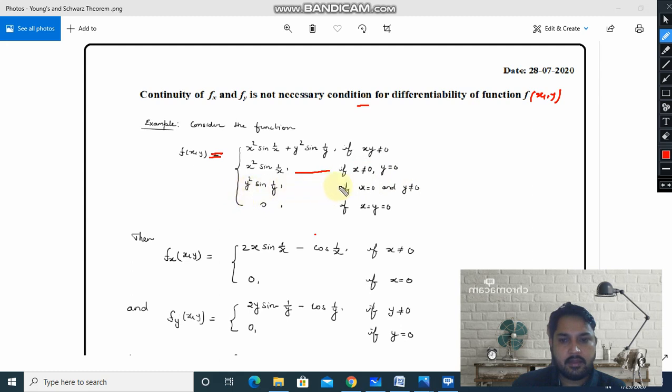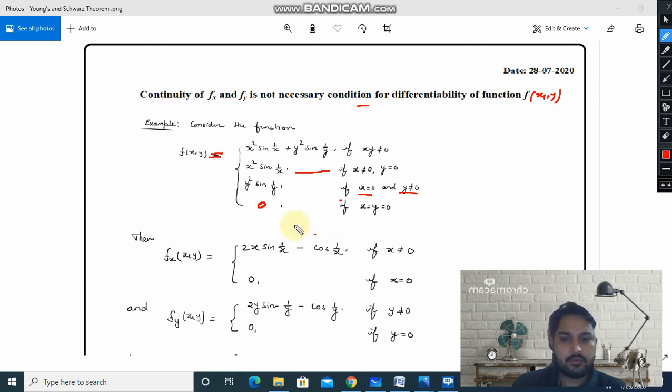Similarly, if y is not equal to 0 and x is equal to 0, then the function is defined like y squared sine 1 upon y, and when both x and y are 0, then the value of the function is 0.